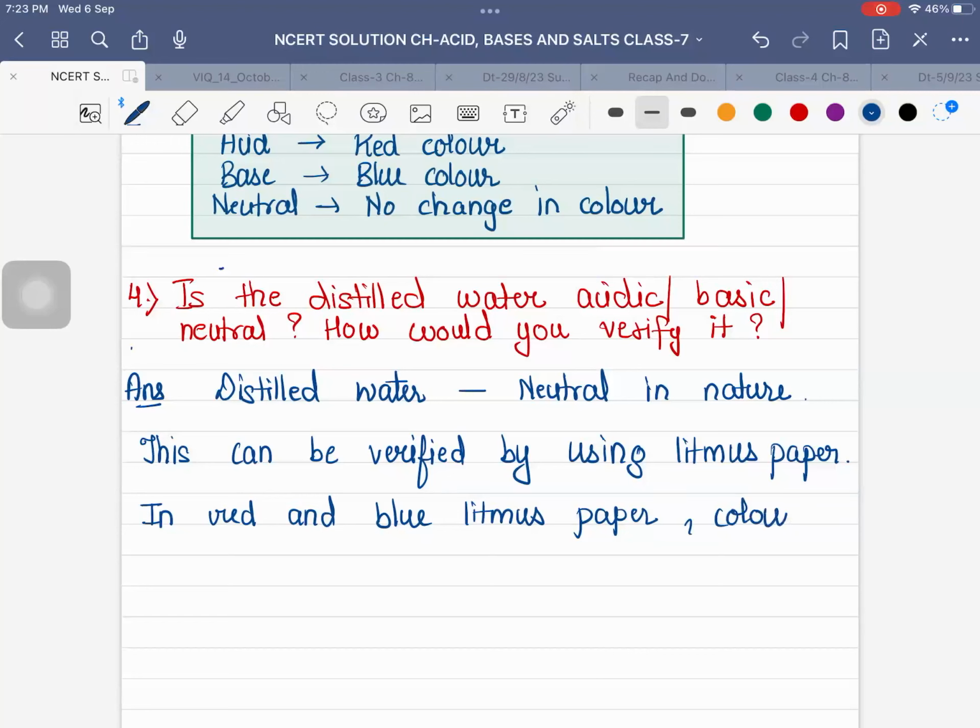The color remains unchanged. So that's why it is neutral in nature.